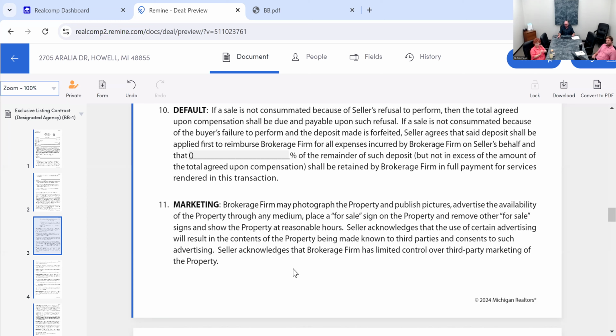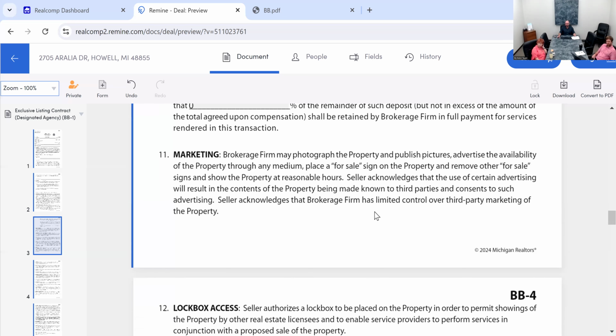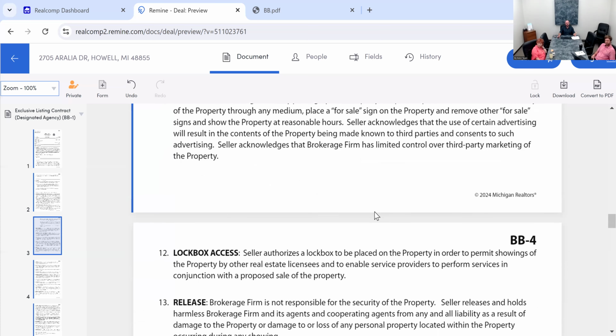We're not liable for that because the sellers, by signing this contract, are giving us permission to take those photos and put them out into the ether. And when that happens, we don't control that information any longer.